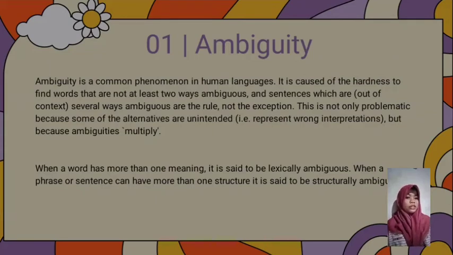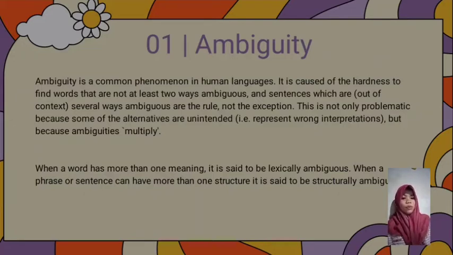Not only words, sentences can also be ambiguous, but in sentences the ambiguity lies in the rules of forming that sentence. This is not only problematic because some alternatives are intended, but because the ambiguities multiply.